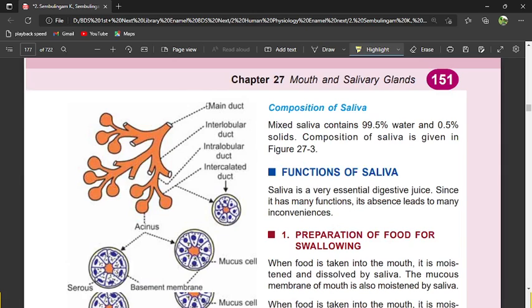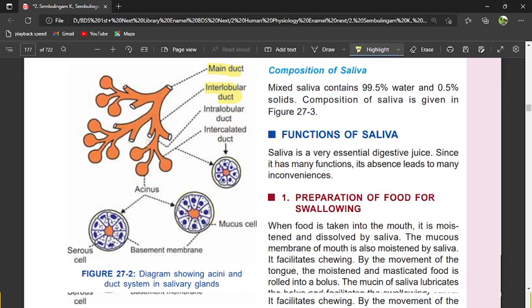See this image. This is your main duct. Main duct is forming some branches. So first it is forming interlobular duct. So lobules are formed. So interlobular duct. Okay. This interlobular duct again it is sub branching. It is forming a sub branch. It is forming intralobular.